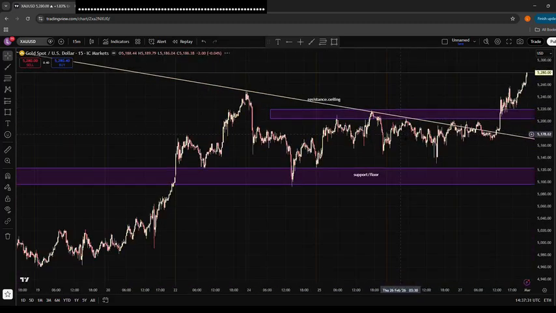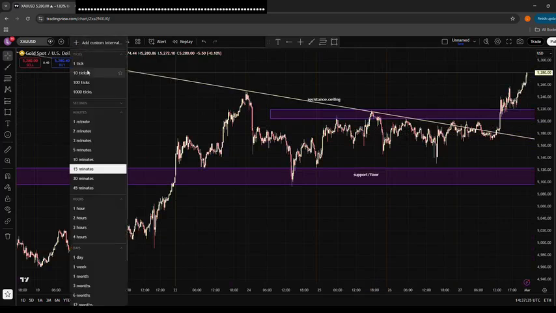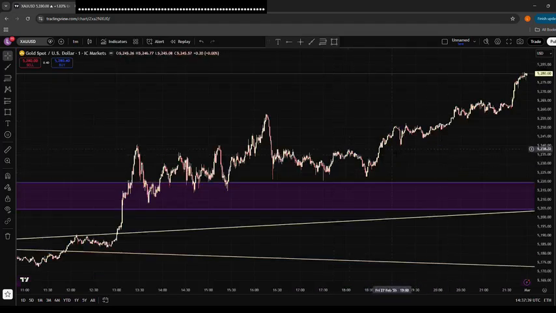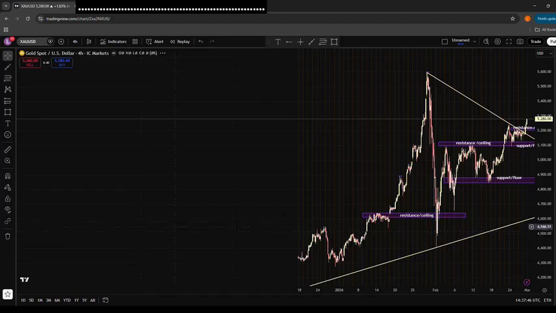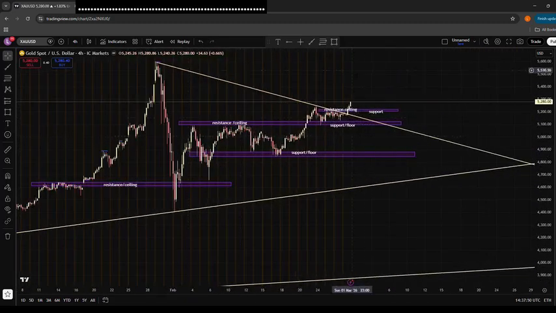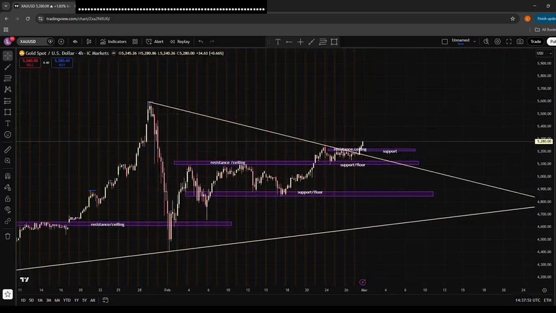That's kind of like the smallest chart I'll trade. If I have a trade on, sometimes I will go to the minute, and I use the minute to trail my stop loss. But that's it, I don't trade the minute because the minute is too fast and there's too many little candles and you get faked out too much.